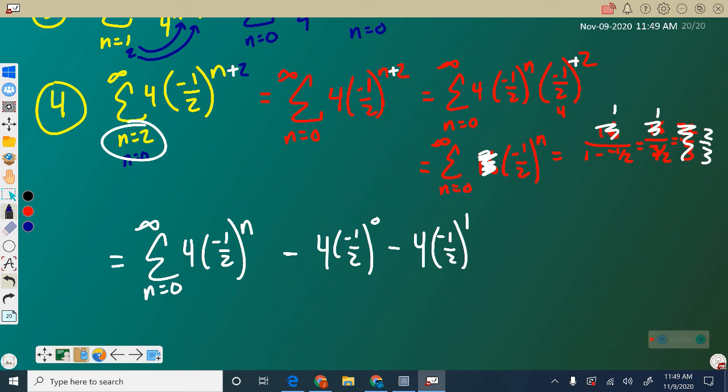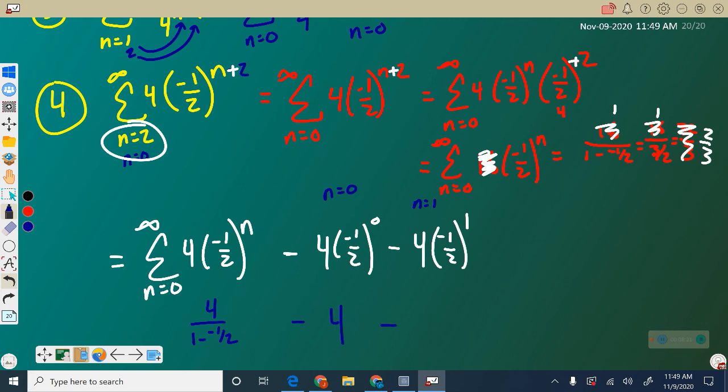So if we did that, well, this part right here now is that geometric series. So that's beautiful. We can just use the formula of 4 over 1 minus the ratio. When we plugged in 0, this is the term n equals 0, this is the term when n equals 1. When we plug those values in, this guy, the 0th power is 1, so that's just 4.